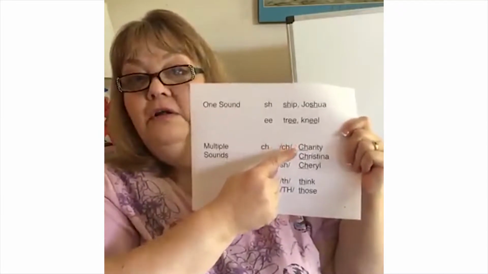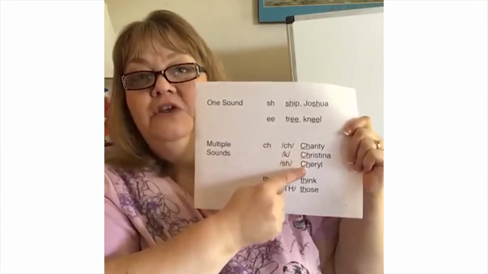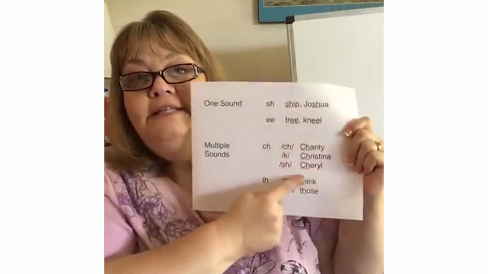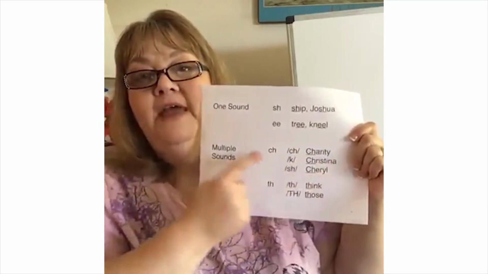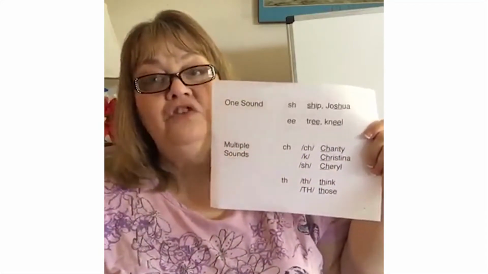If we teach it over a span of time, there's a program, I'm thinking of the ch phonogram, the one that I just showed you. Here's the example of Charity, Christina, and Cheryl. I know of a program that takes 3 to 4 years before they ever introduce all of that information.